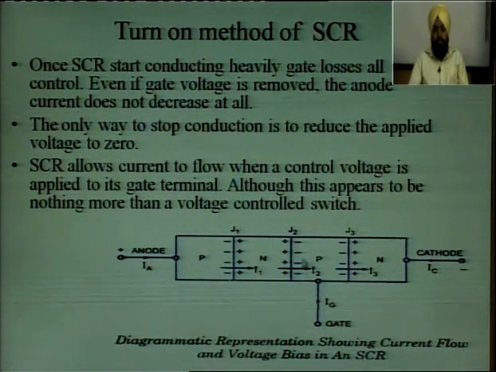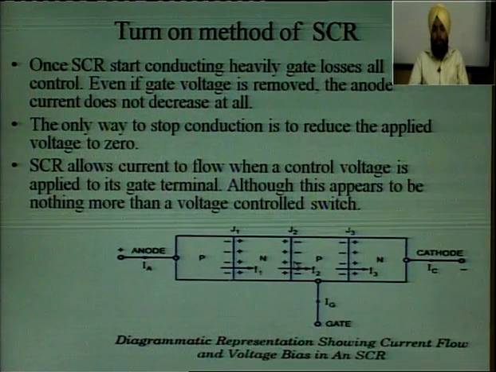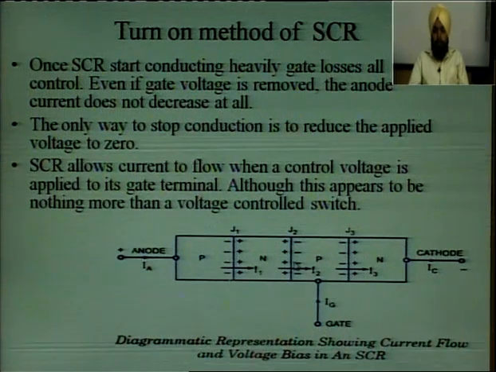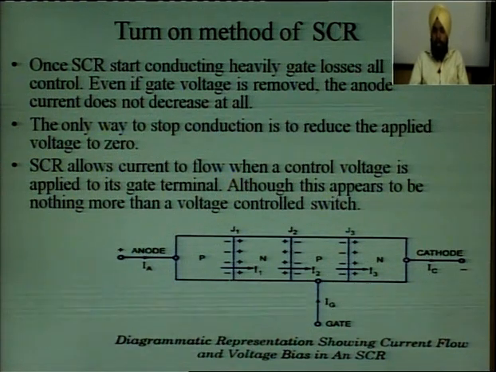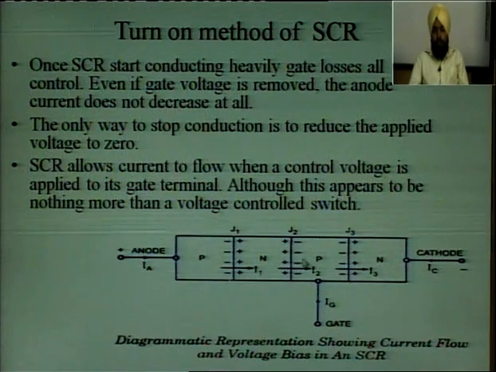When this reverse biasing of junction J2 is reduced, then the forward breakover voltage point will also be reduced.